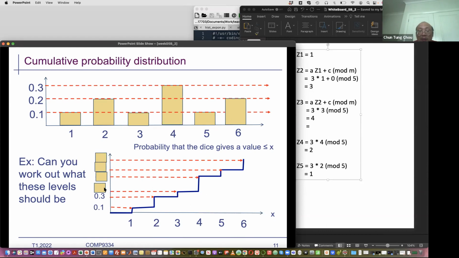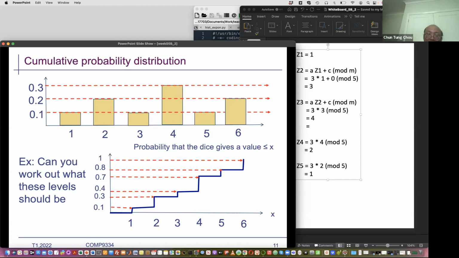So what should this number be? This number is referring to this interval. It will be 0.4, correct? If you work it out, the probability of getting a number 4 or less will be 0.4, but then you need to add 0.3, and so this will be 0.7, and then 0.8 and 1. So you can work that out.